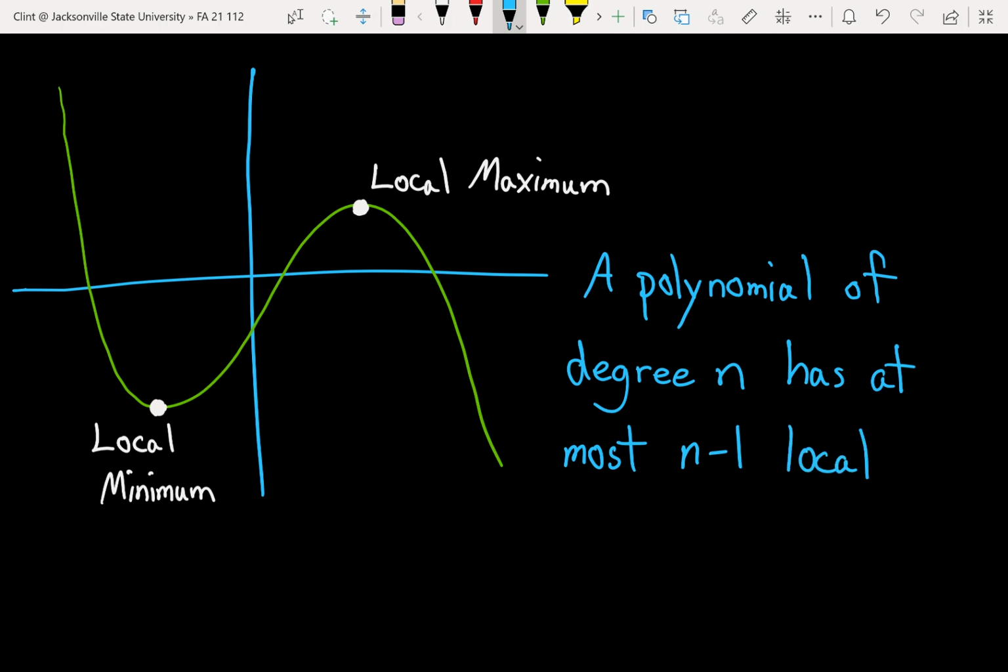We call them local extrema. So a local extrema is just either a local maximum or a local minimum.